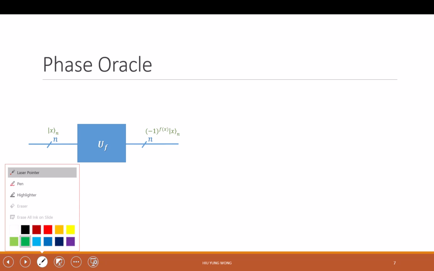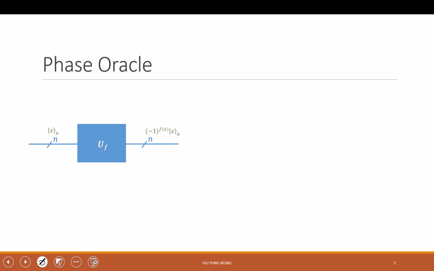So let's take a look slowly. If f of x is even, then -1 to the f of x is 1. And if f of x is odd, then -1 to the power f of x is -1. You should know that.